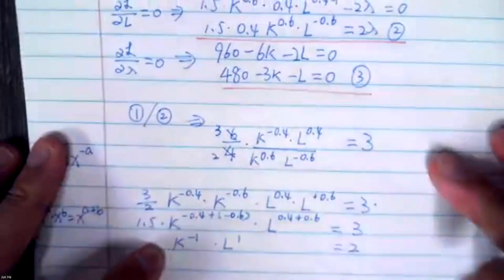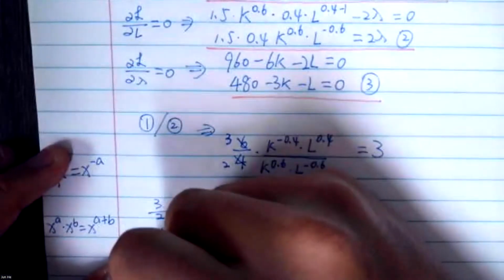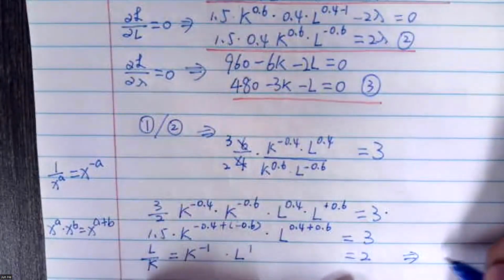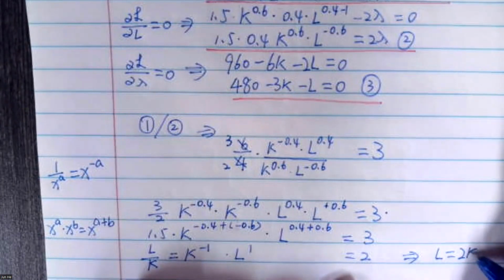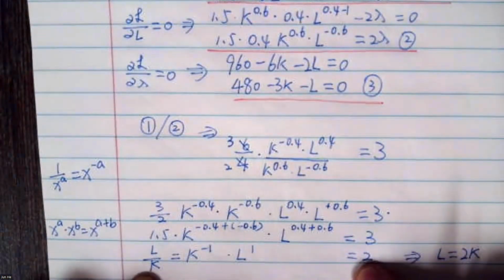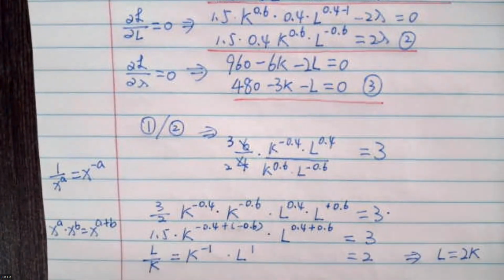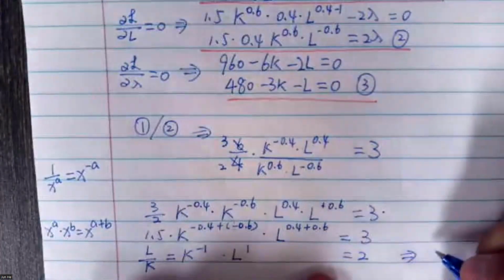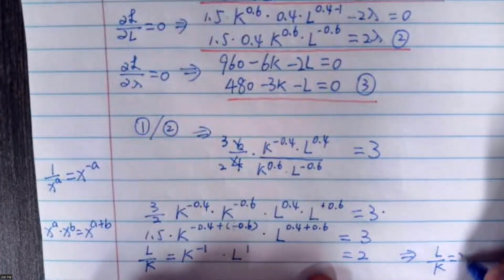So what is this on the left-hand side? It is actually L/K equal to 2. So that tells you L equals 2 times K. Right? We can multiply K to both sides of the equation. Just to make it clearer, so what we have now is L/K equal to 2.